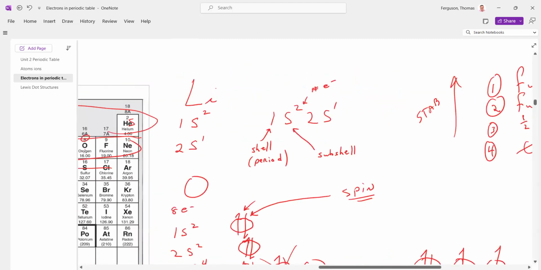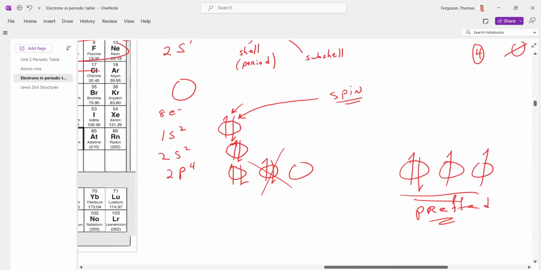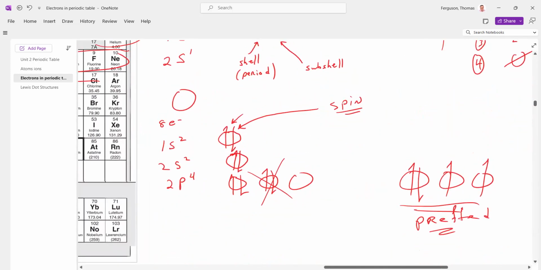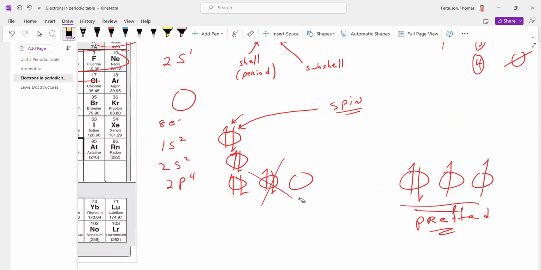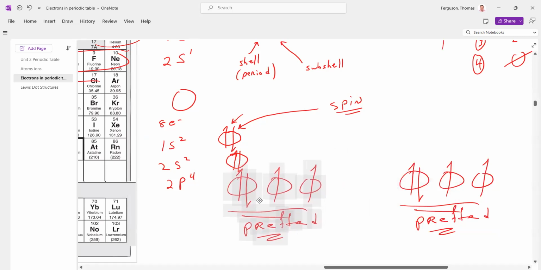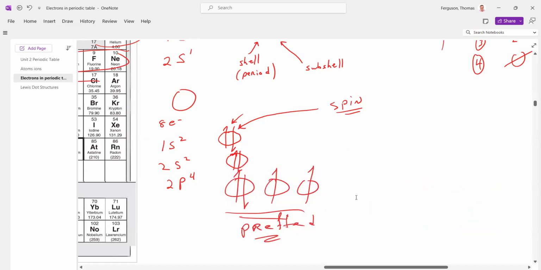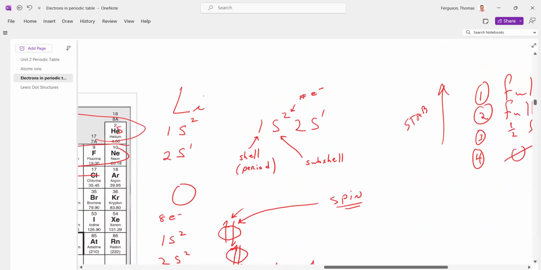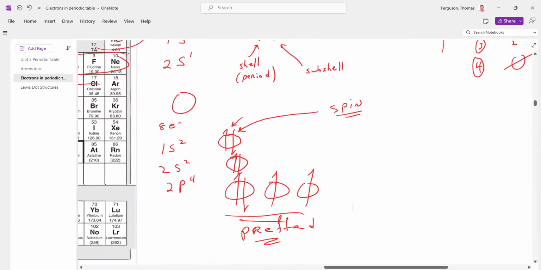So let's go back to oxygen. On the rules here, full shell, does oxygen have a full shell?